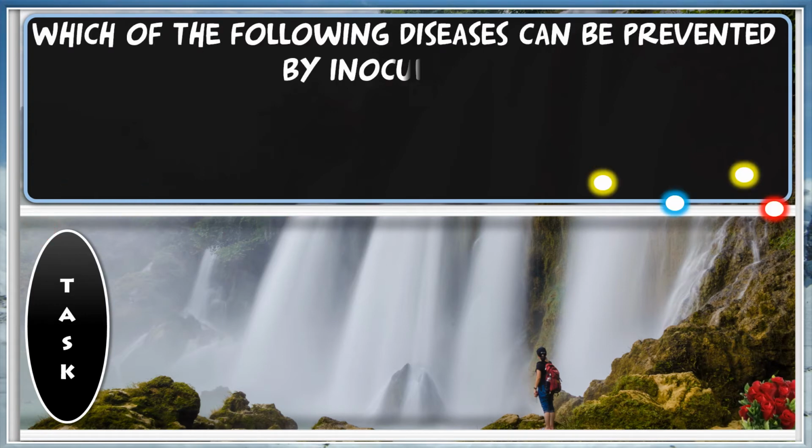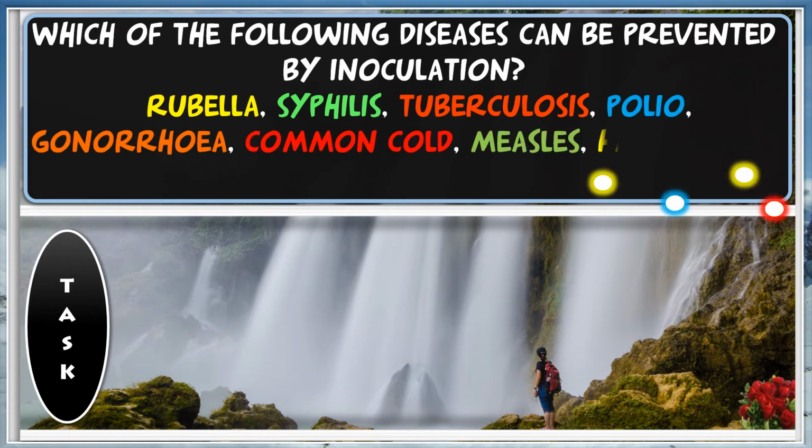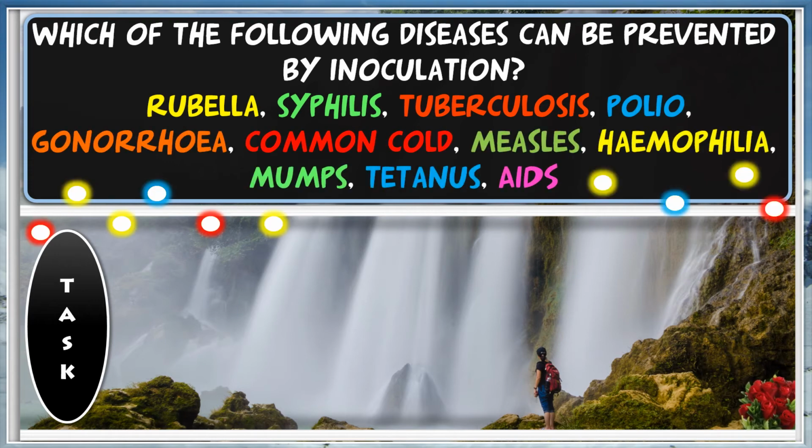Which of the following diseases can be prevented by inoculation? Rubella, syphilis, tuberculosis, polio, gonorrhea, common cold, measles, hemophilia, mumps, tetanus, AIDS.